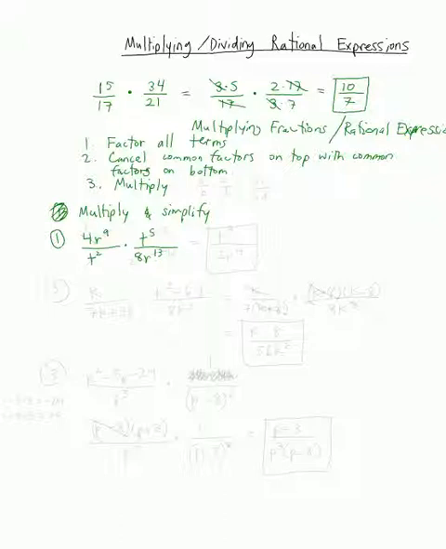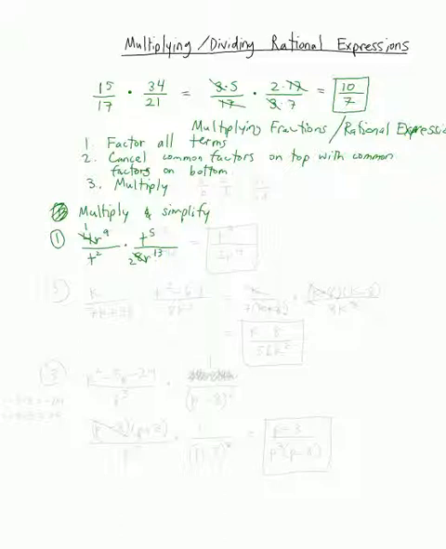Now, because these are all monomials, there's no real factoring we have to do, so we can just cancel common factors. So let's first think of the 4 and the 8. We can reduce the 4 and the 8. The 4 becomes a 1 and the 8 becomes a 2 because we're canceling out 4.